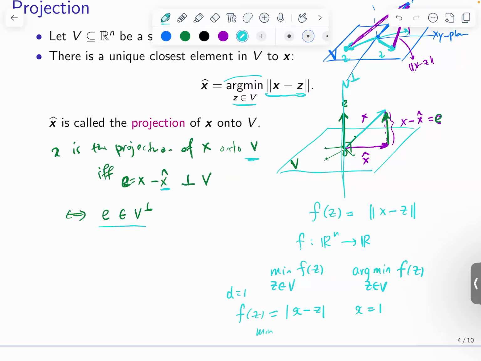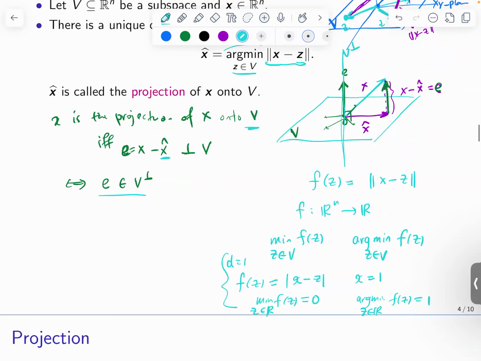The minimum of f(z), with z in all of R, what would be the minimum? The minimum would be 0. And the argmin would be 1. This is a simple example. It's the argument that achieves the minimum. Any other question?